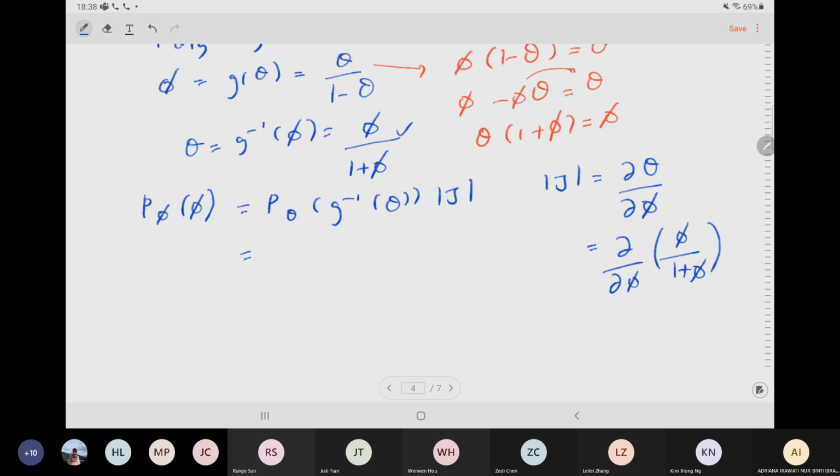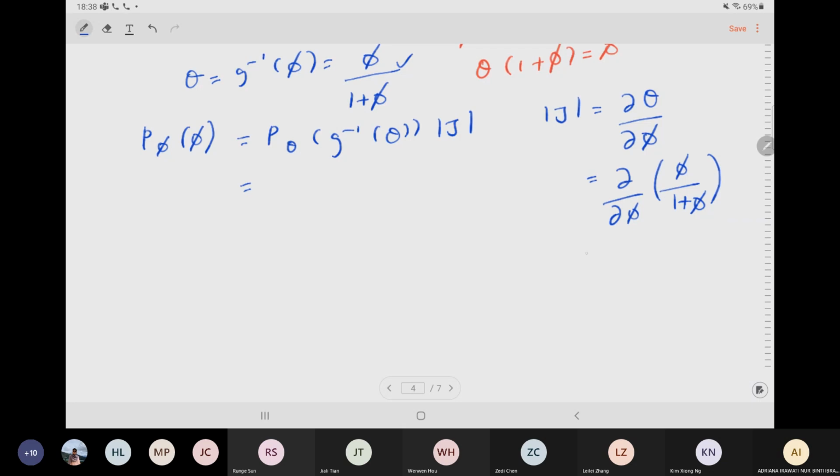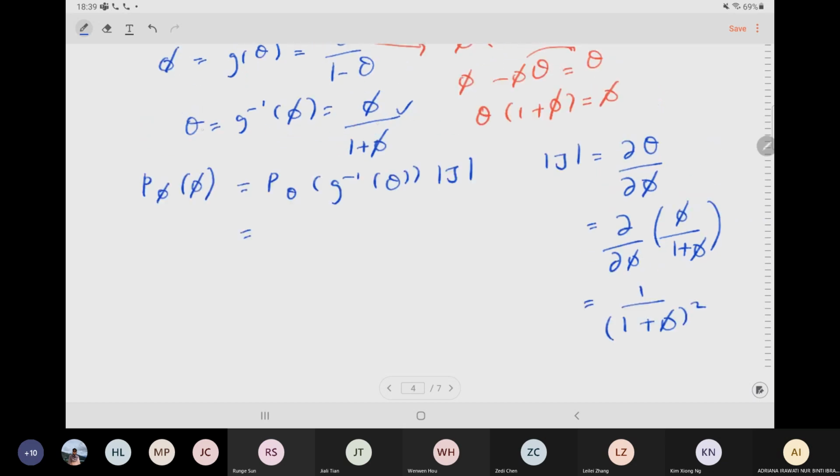You differentiate and simplify, and you should get 1 over 1 plus phi, power 2. So you have to find the Jacobian first. This is also why it's important to find this function theta, which is G inverse phi, because this is the one that you have to differentiate.